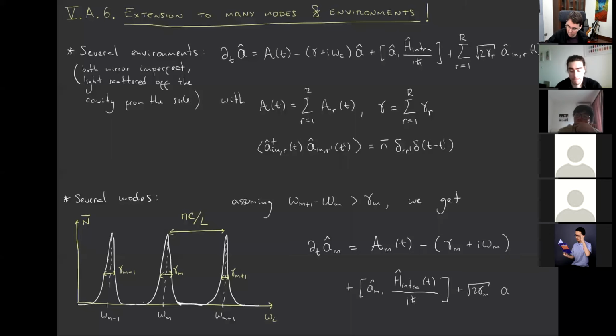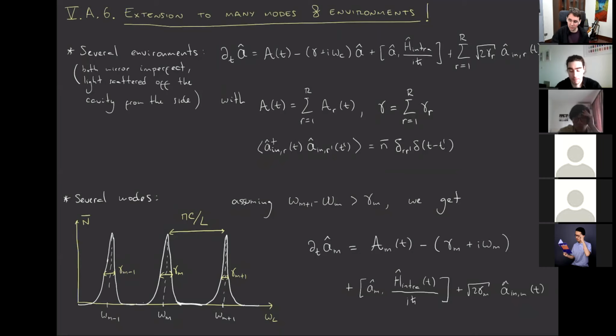And now, and this is the important situation, each of the cavity modes couples to an independent set of input operators. So these input operators satisfy also these kind of correlations.